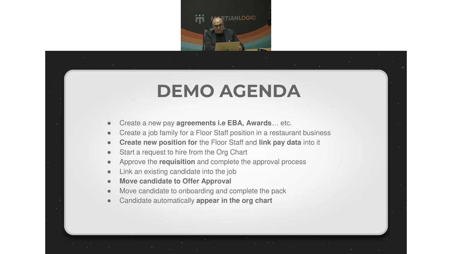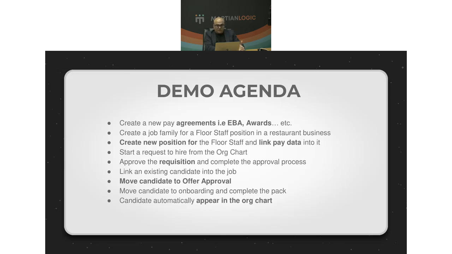You want to make it clear that you are adhering to the right EA or award system, and what the level for that person is going to be. So we call that the agreement piece.